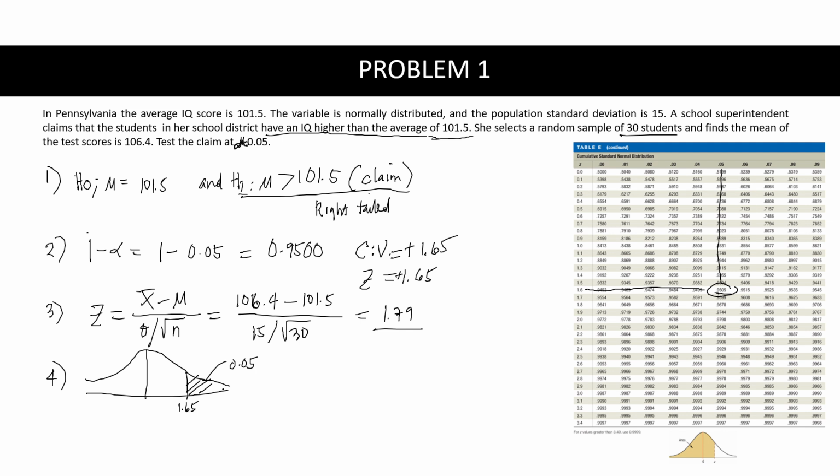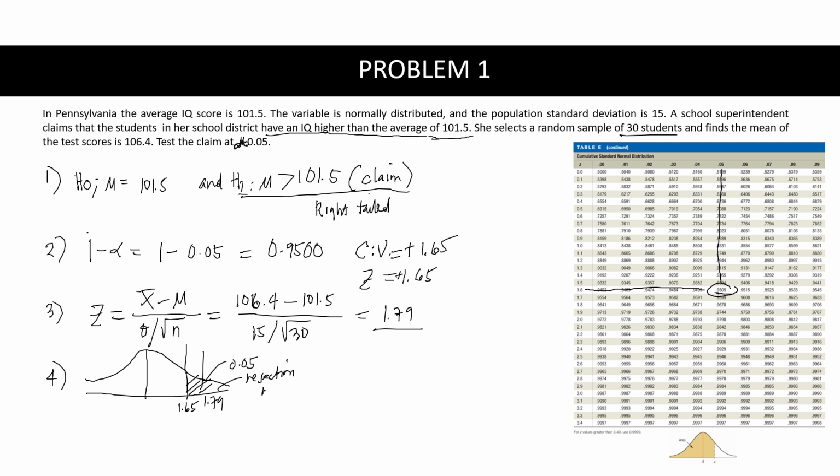And the test value is 1.79. So in this part, the test value falls in the rejection region.